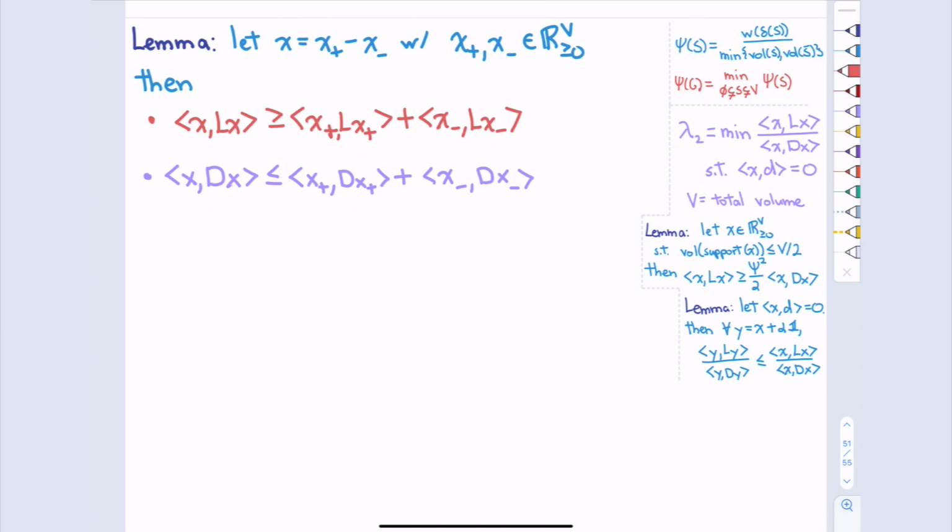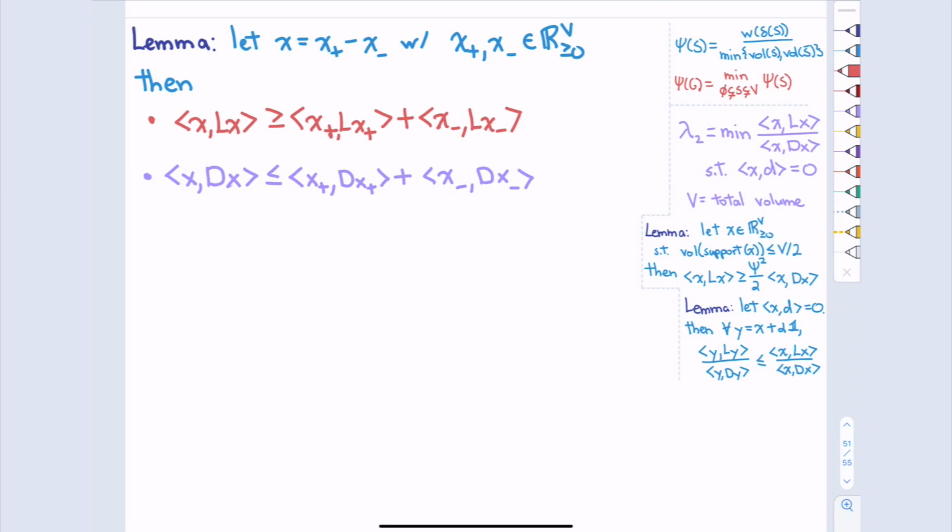This next one is not too crazy, but maybe it's better to leave it as a black box, though I can at least explain. Let's take any vector x and write it in terms of its positive and negative parts. x plus keeps all of the positive coordinates and sets everything else to 0. x minus keeps all the negative coordinates, sets everything else to 0, and flips it upside down.